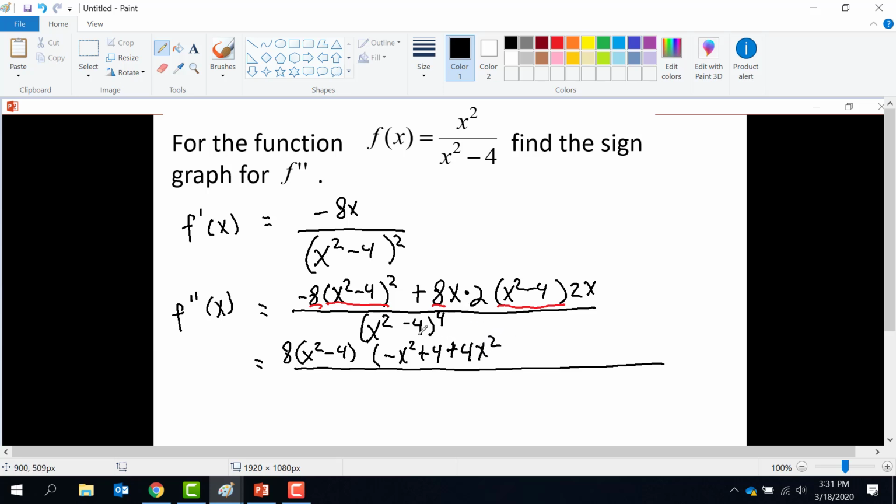So from this term, negative x squared plus 4 plus, and then we took out the 8 and the x squared minus 4, 2x times 2x, 4x squared. And on the bottom, we have x squared minus 4 to the 4th power.